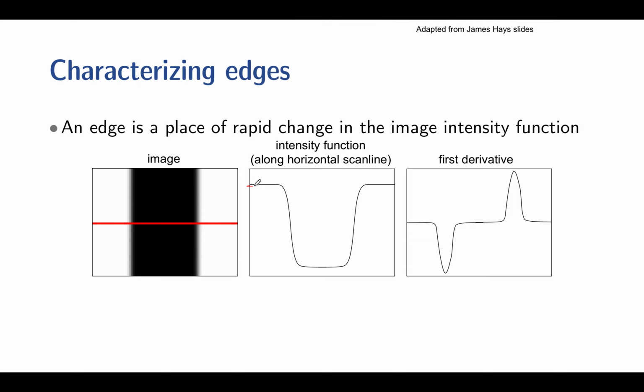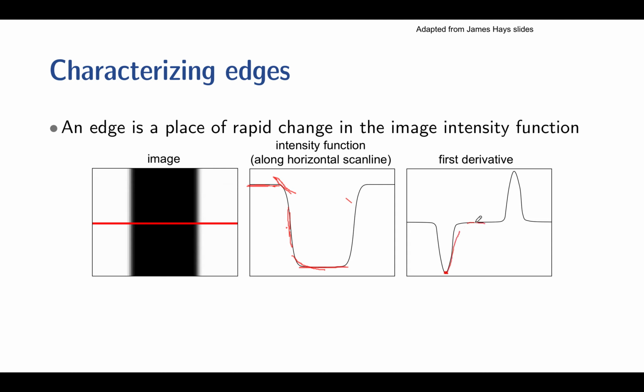Here the derivative is 0, right? Because the slope of this is 0, so that's the slope. And then here the slope becomes rapidly negative. Okay, so that's here, and so this is the slope. That's the maximum slope. That's here, and then it becomes 0 again.